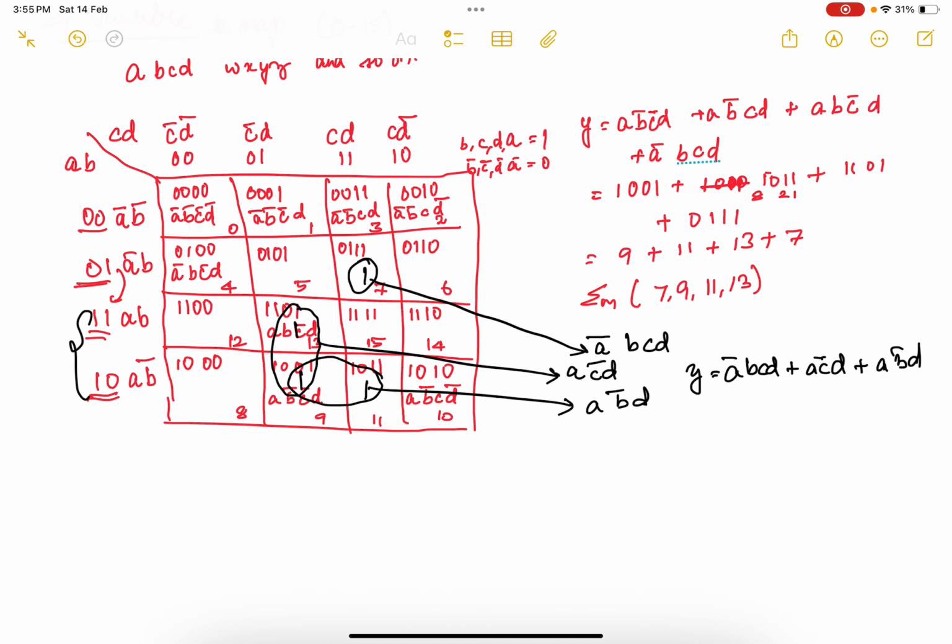So this is how we are representing the terms.